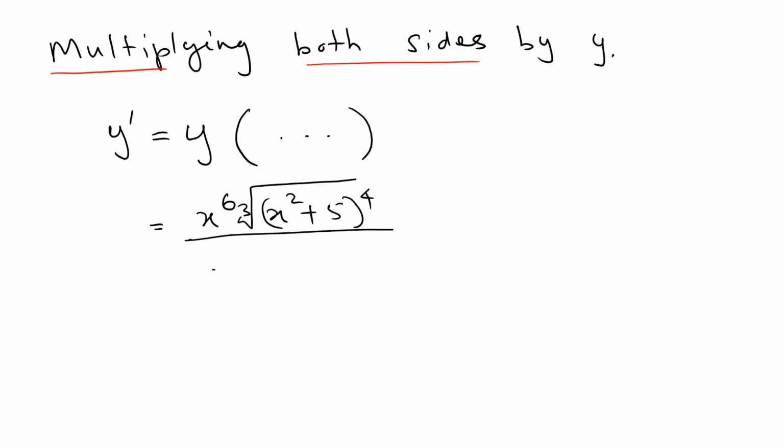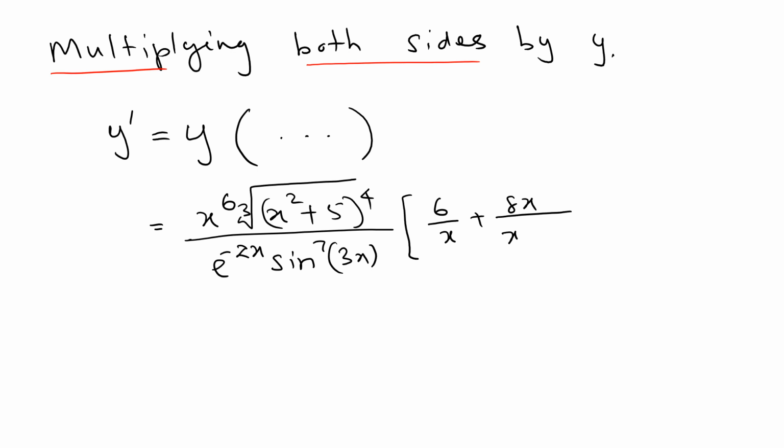In the denominator we have e to the negative 2x, sine to the 7th of 3x, times the expression: 6 over x, and then plus 8x over 3 times x squared plus 5, and then plus 2, and then minus 21 cotangent 3x. So that is the final answer. We leave this as the final answer. We are not going to simplify. So this is the step.